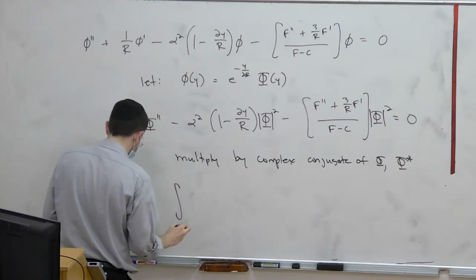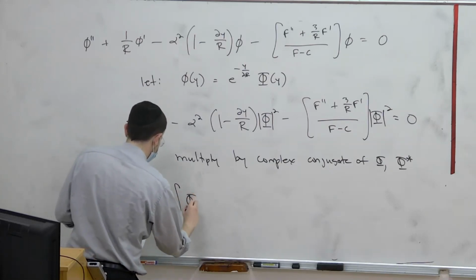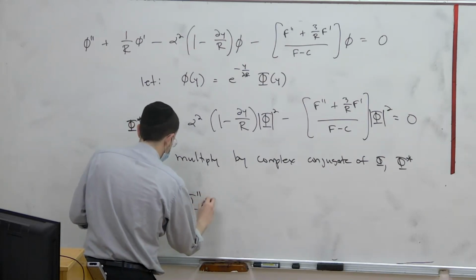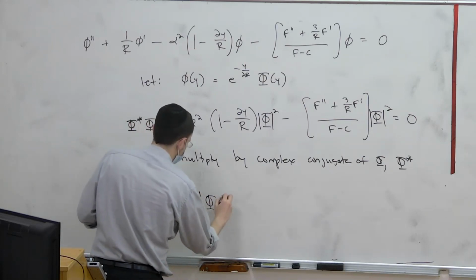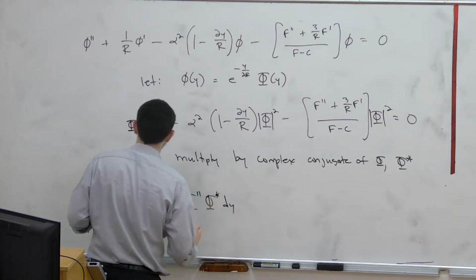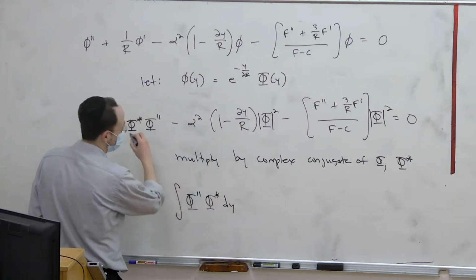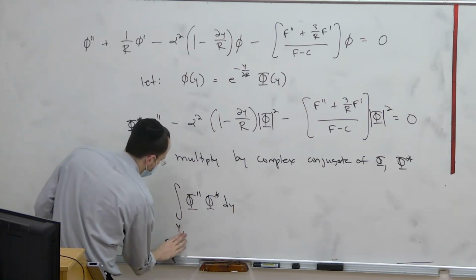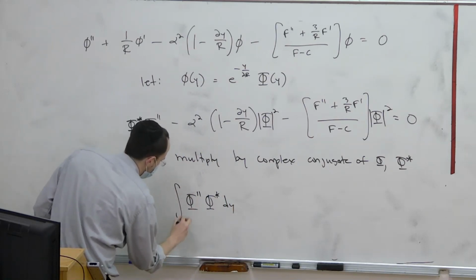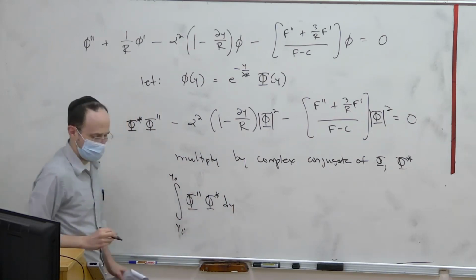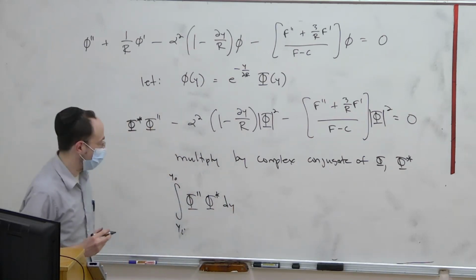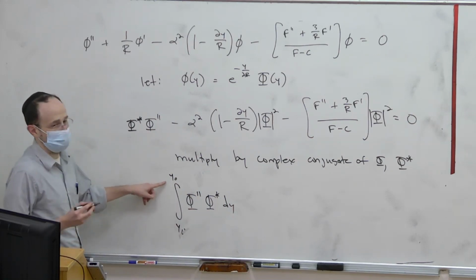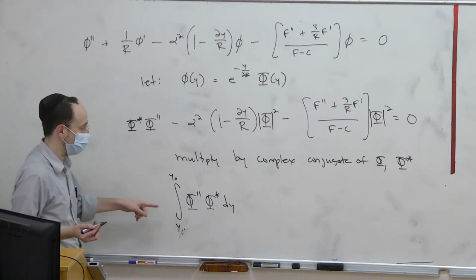So this term, we can write as the integral of phi double prime phi star dy. So imagine now I'm going to integrate this equation over some boundaries of the system, y inner, y outer. And again, since we're talking about some sort of channel flow, this might be the bottom wall of the system, this is the top wall of the system. It doesn't really matter what it is.